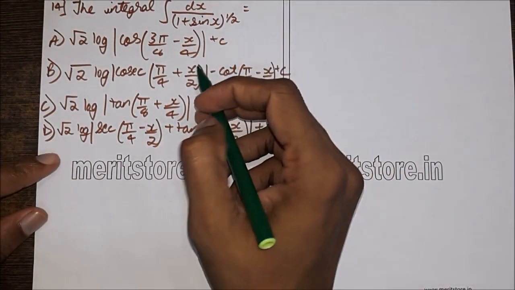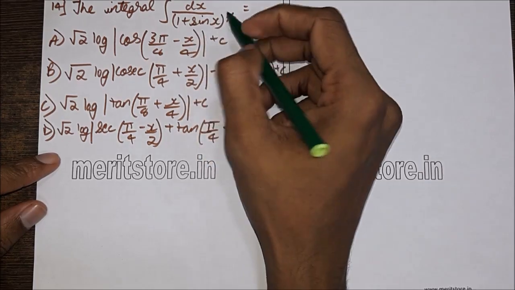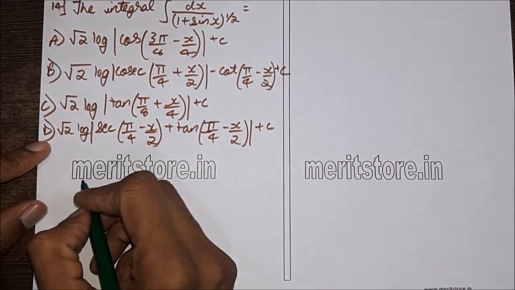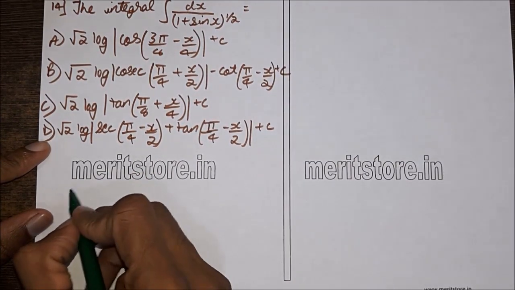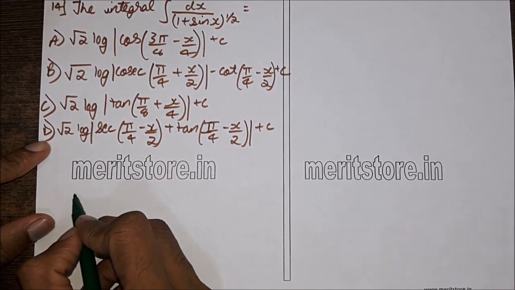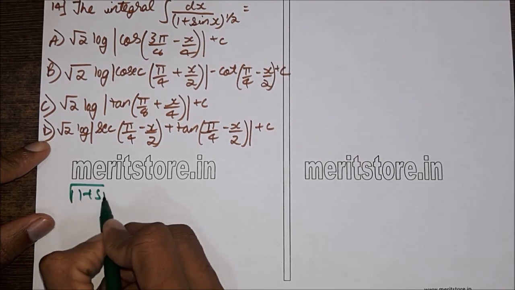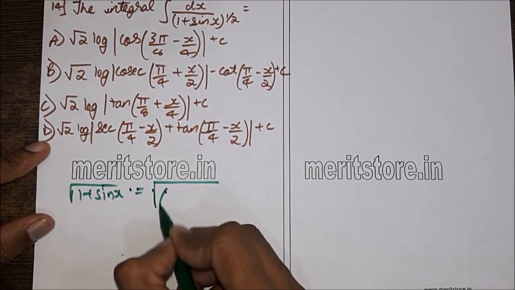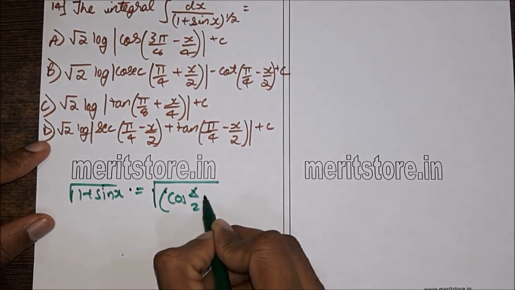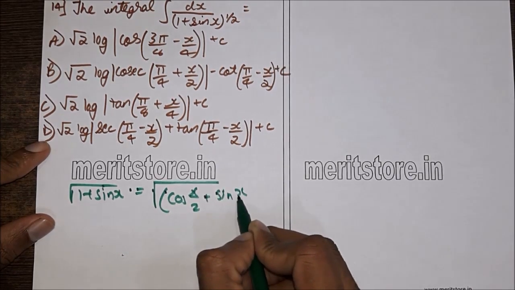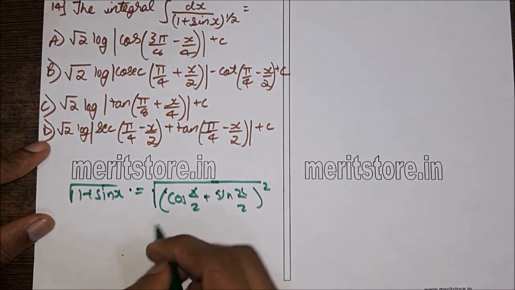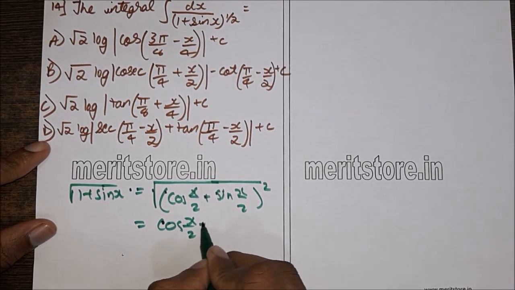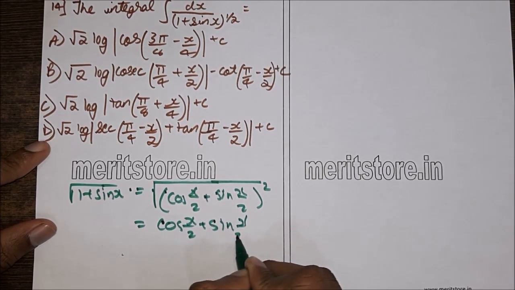Question 14, the integral dx upon under root 1 plus sin x equal to, again 4 options. So we can write the denominator part, 1 plus sin x, as under root of cos x by 2 plus sin x by 2 the whole square, which is equal to cos x by 2 plus sin x by 2.